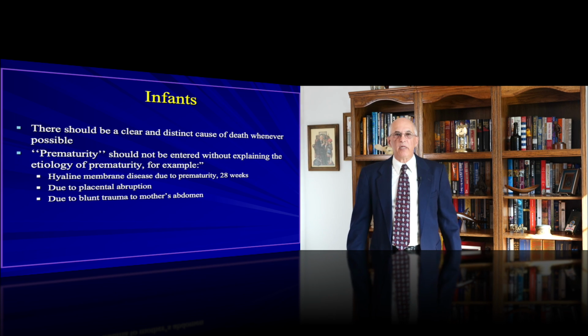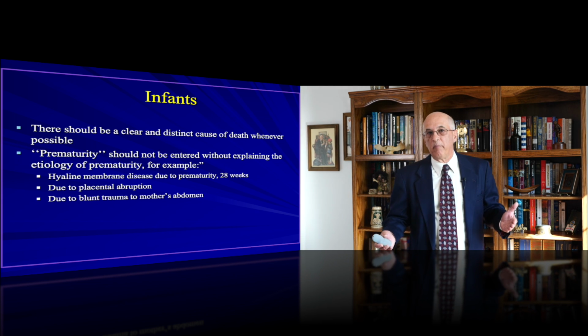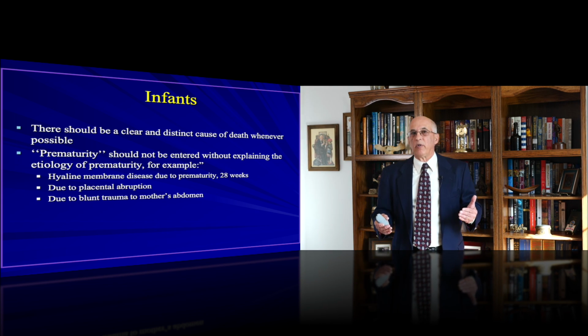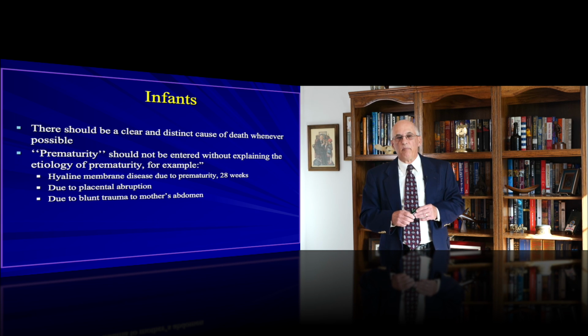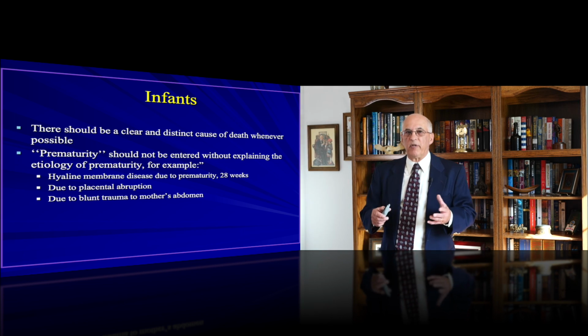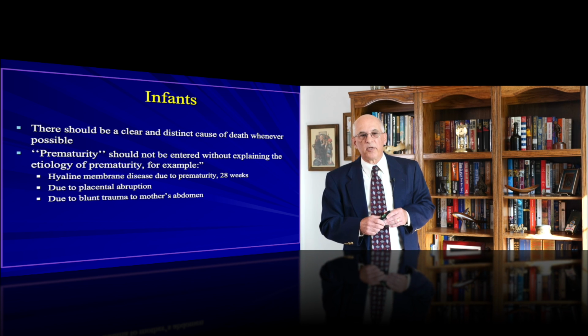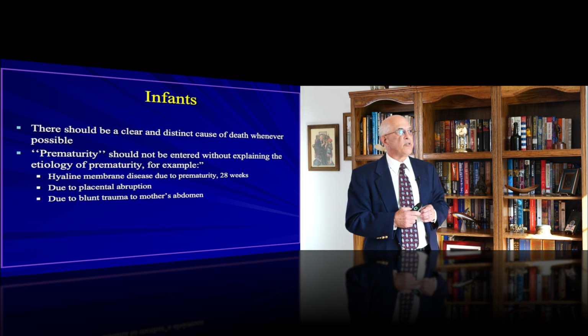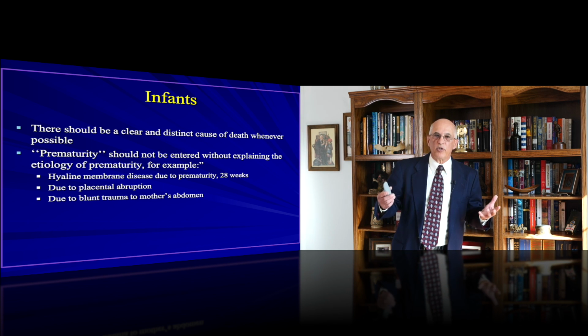You want to be very clear. Sudden infant death syndrome is an acceptable cause of death, even though the cause of it is unknown. But you do want to try to be as specific as you can, and it can be somewhat difficult in infants as it is in adults. Now, if it's related to prematurity, you need to be a little bit more specific than that.